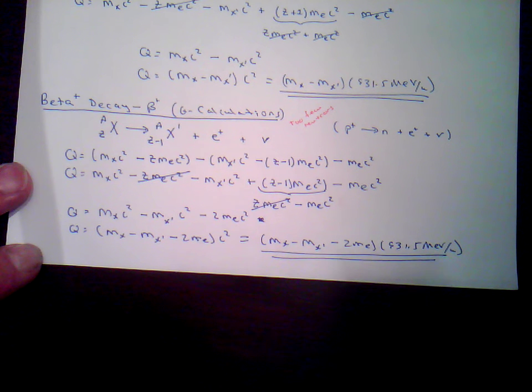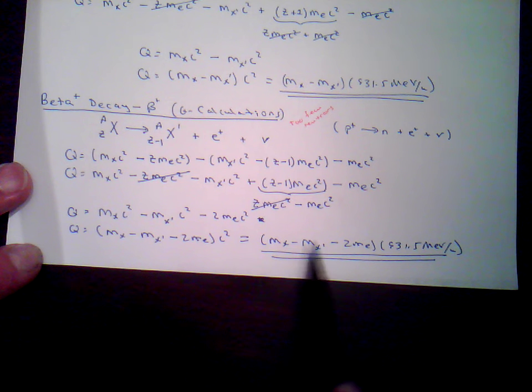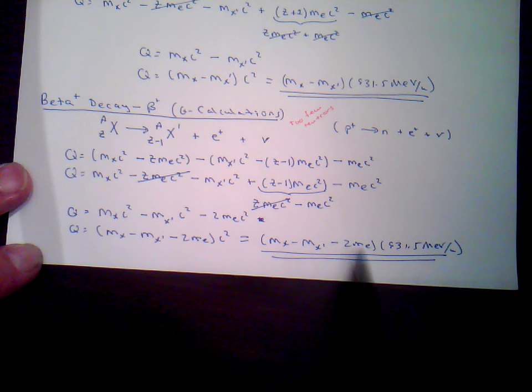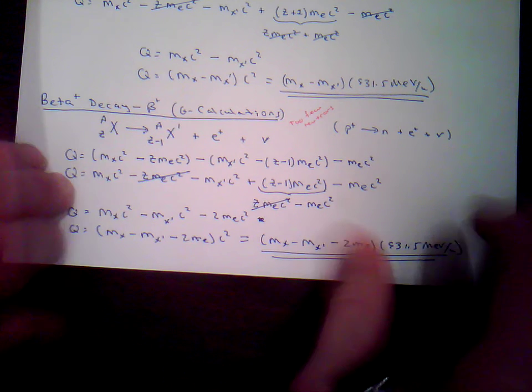So this is the equation. We have to take the mass of the reactant minus the mass of the product. And we also have to subtract the mass of 2 electrons. Of course, times the conversion between energy and atomic mass units. Again, this is the equation you need to know for beta positive decay. And the electron capture is kind of interesting.